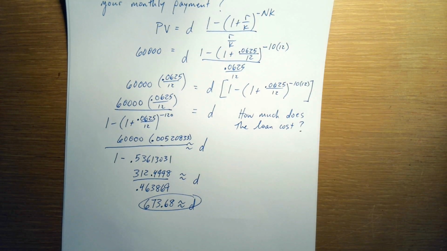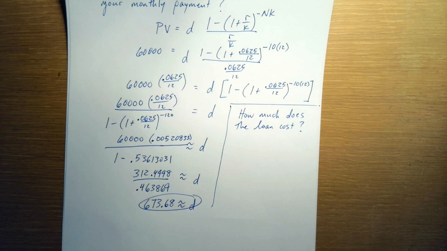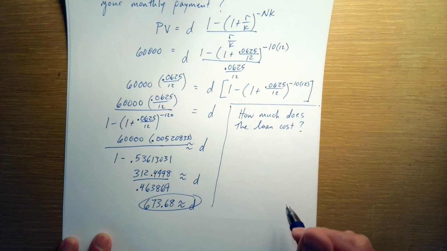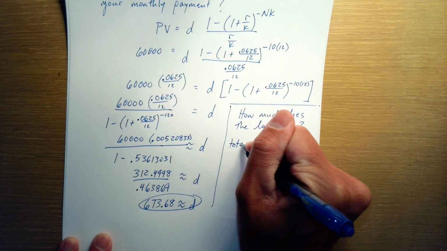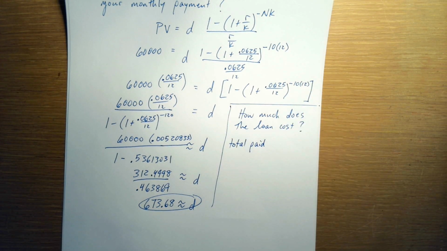And when we say how much does a loan cost, that means how much do you have to pay beyond the principal that you borrow? And we borrowed $60,000, so we need to know how much interest is there. So we need to find out how much did we pay in total, and then compare that to how much we borrowed, which is $60,000, and the difference between the two will be the cost of the loan.